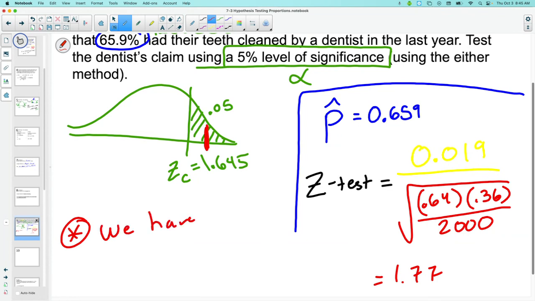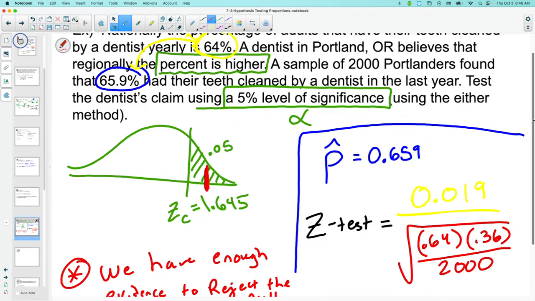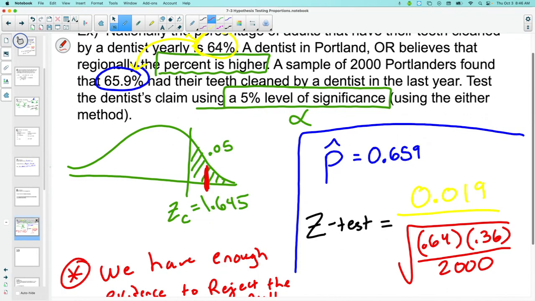So what we would say is, hey, I did 200, not 2,000. There we go. Yeah, we have enough evidence to reject the null. Right, have enough evidence to reject the null. Or another way to phrase it might be, I have enough evidence to say that this group in Portland has a higher average than the rest, right?